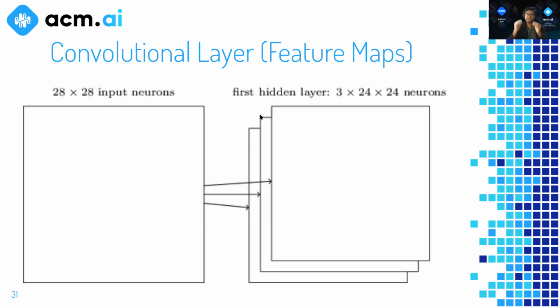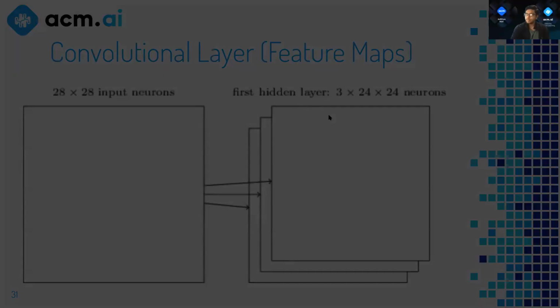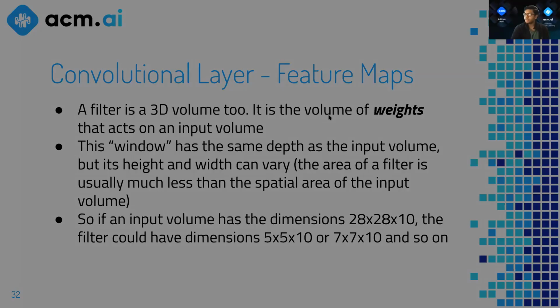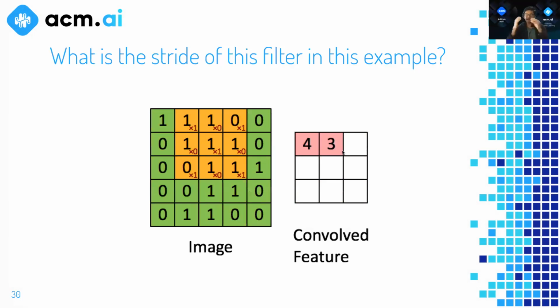Think of these filter values as compressing the information stored in one part of the image into one value. Here we have 9 different pixels being squeezed into one pixel value in the feature map.